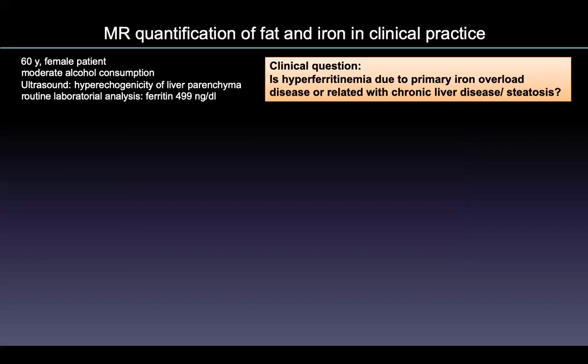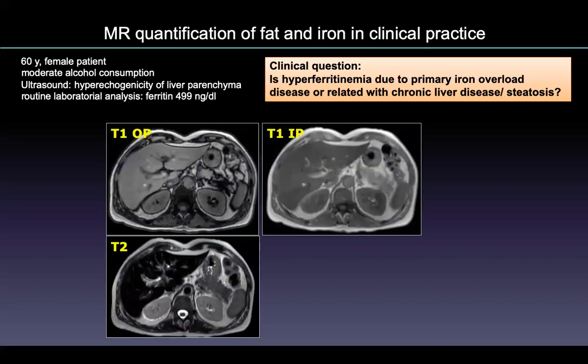So the clinical question is: is the hyperferritinemia due to primary iron overload disease, or is it related with chronic liver disease or steatosis? On the classical sequences, we can see a low signal intensity of the liver parenchyma suggesting iron deposition.